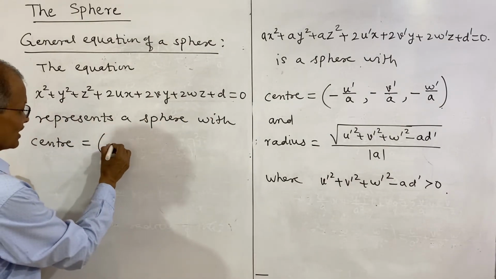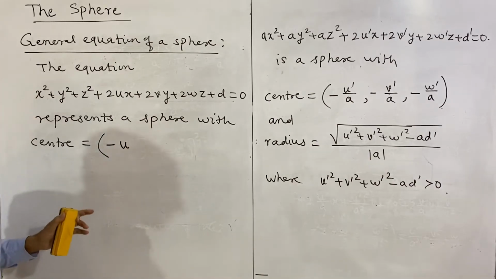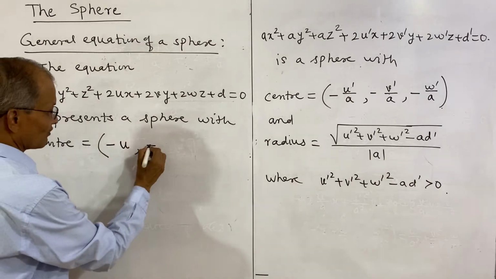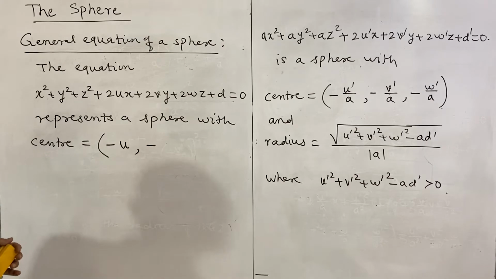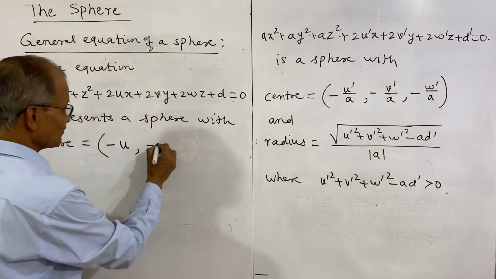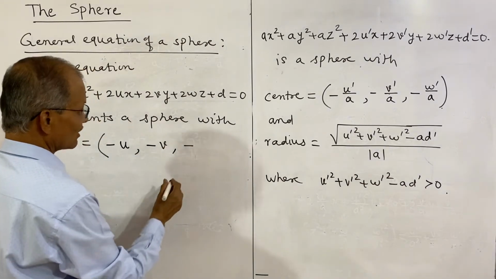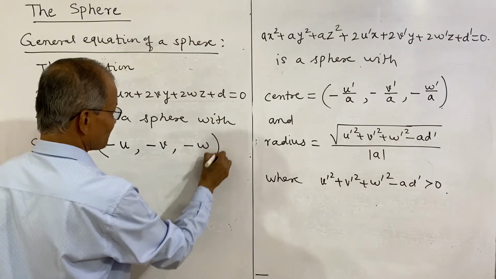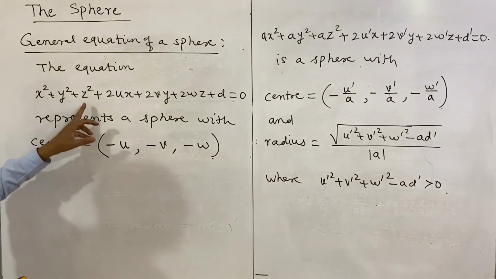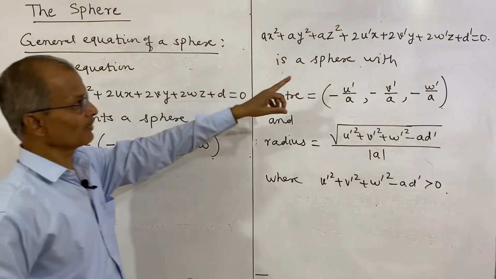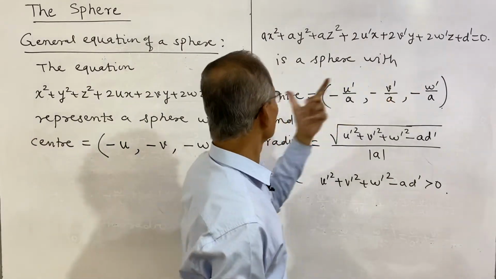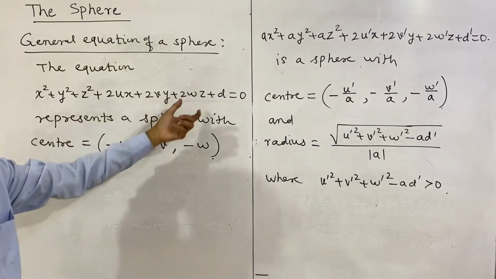So the center's coordinates will be: x coordinate minus u, y coordinate minus v, and z coordinate minus w, because a is 1 and in place of u dash, v dash, w dash, here we have u, v, w.